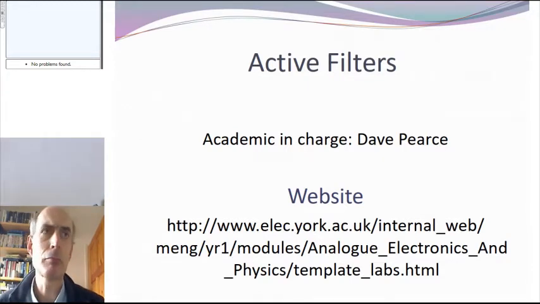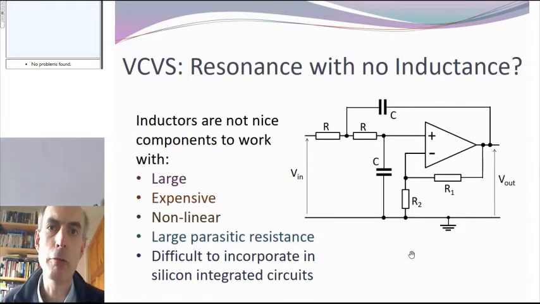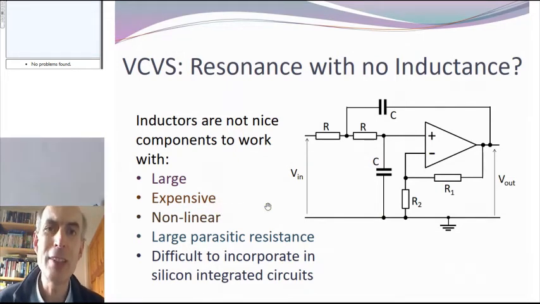So, in the first part, we'll be investigating this particular type of active filter, known as a VCVS, or voltage-controlled voltage source filter. It has the advantage that you could get a wide range of different frequency characteristics without using any inductors.